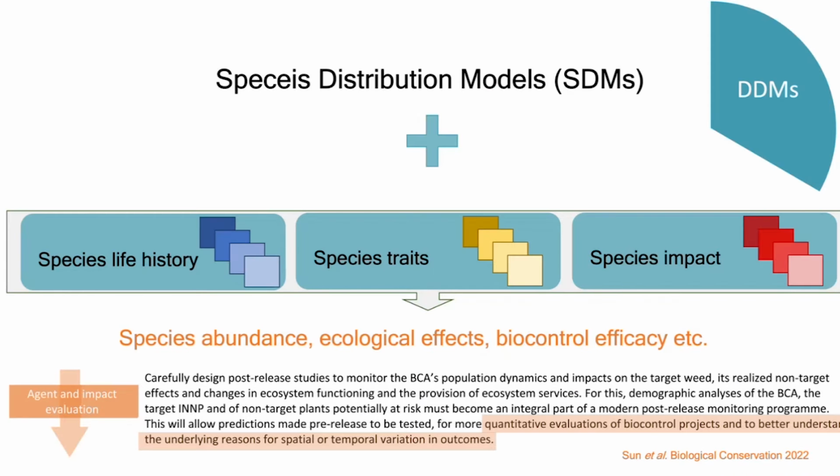And then comes the question: how to improve our prediction? How could we make a better, more quantitative evaluation of the biocontrol? So we think it's best to include all the experimental mechanisms that we could put in the models.